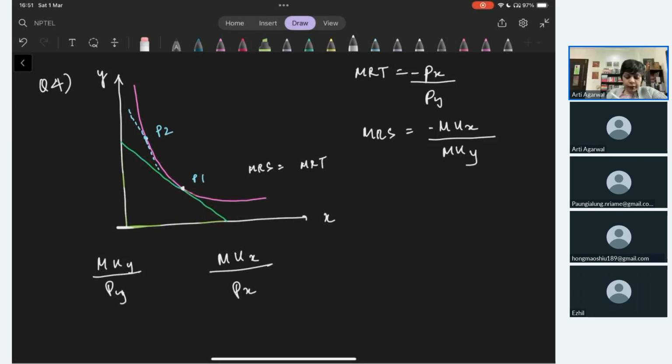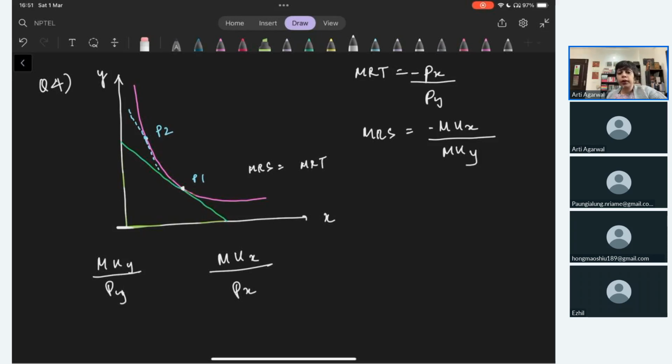You can see that the blue line is steeper, right? That means he is going to get a higher utility by substituting Y for X. So he's going to move towards point P1.